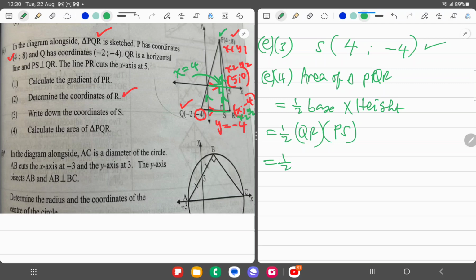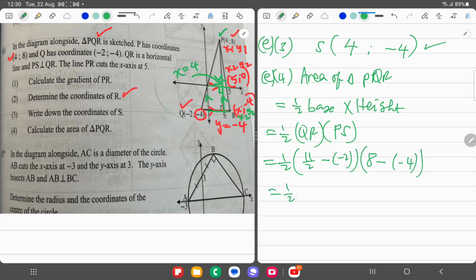So the base QR is 11 over 2 at the point R minus the x value at the point Q, which is negative 2. For PS, the highest point has y value exactly 8, minus the y value at the bottom, which is minus 4.